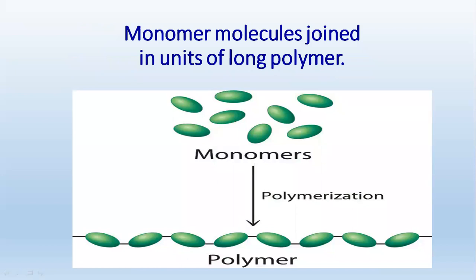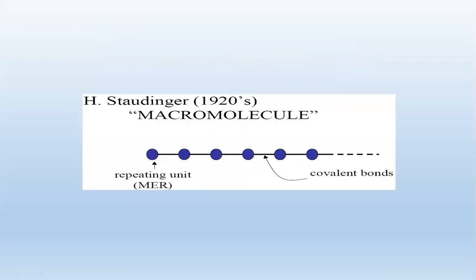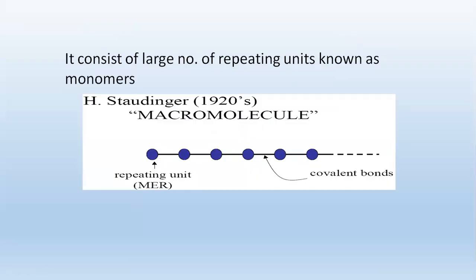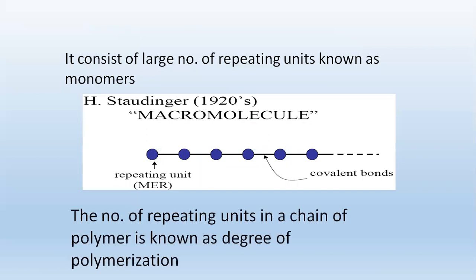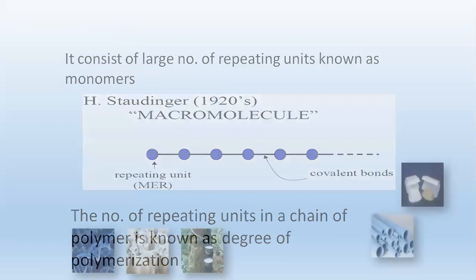Monomer molecules join in units to form a long polymer: monomers, polymerization, polymer. It consists of a large number of repeating units known as monomers. The number of repeating units in a polymer chain is known as the degree of polymerization.